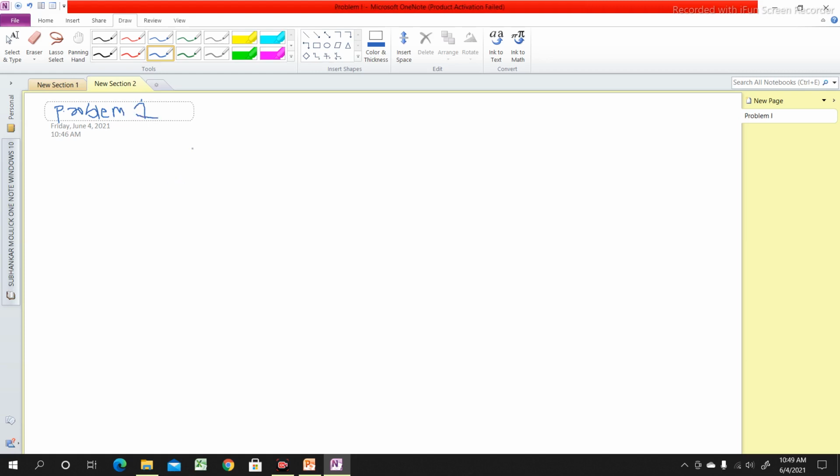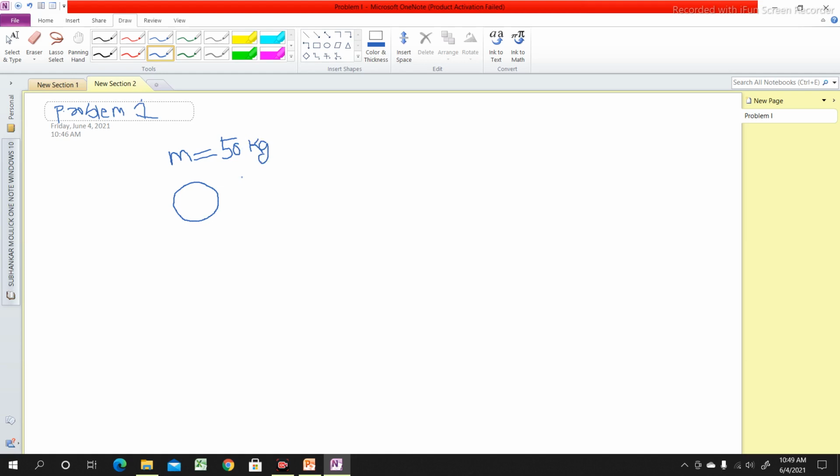Okay, so what is the question? Determine the acceleration produced in a body of 50 kg mass. That means we have to draw a body whose mass is 50 kg. Suppose this is the body and the mass of the body is m equal to 50 kg. What else is given?